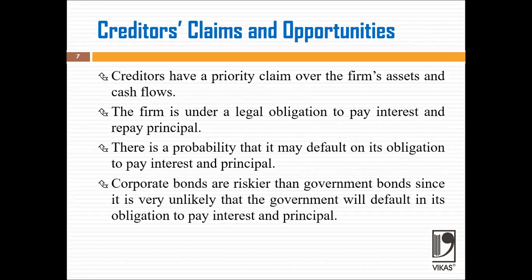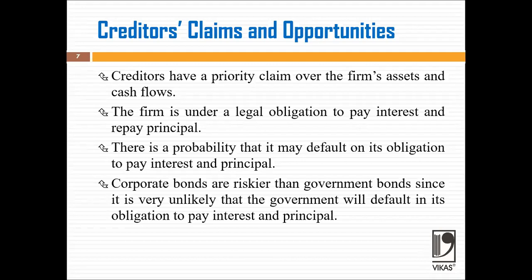And creditors, claims, and opportunities. Creditors means the lenders, right? Loan providers. Creditors have a priority to claim over the firm's assets and cash flows. At the time of liquidation of firms, the loan providers have more preference, more priority to claim their capital.